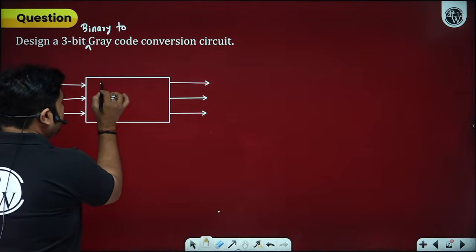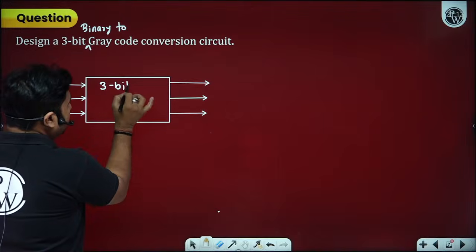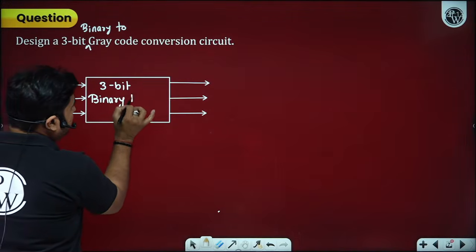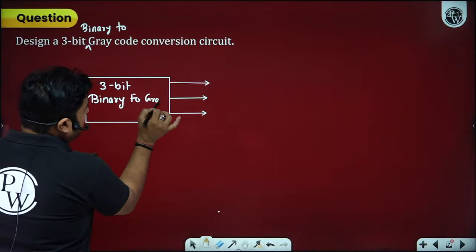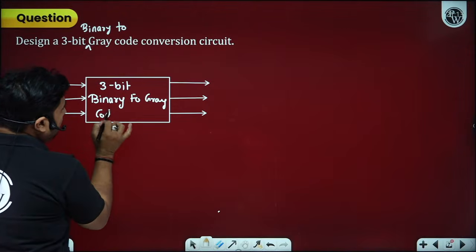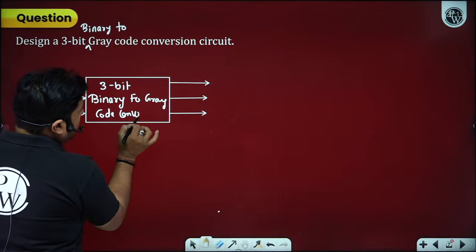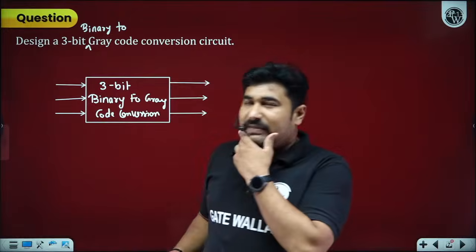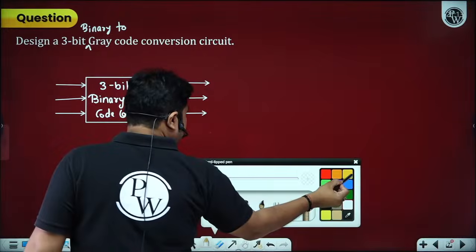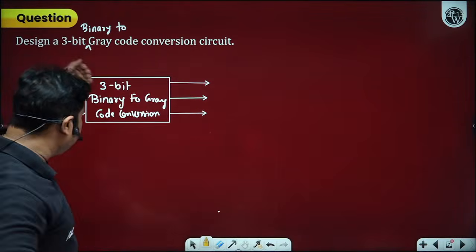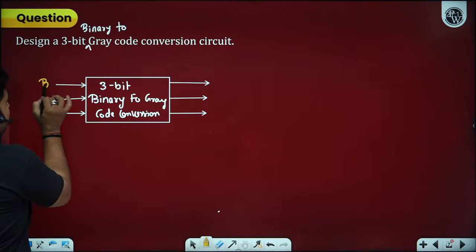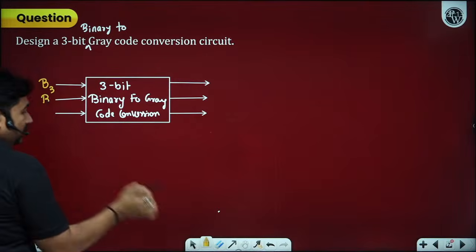So we have a 3-bit binary to gray code conversion circuit. What are the binary codes I am giving? I can assign them as variables B2, B1 and B0.